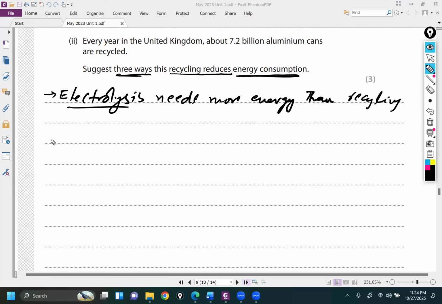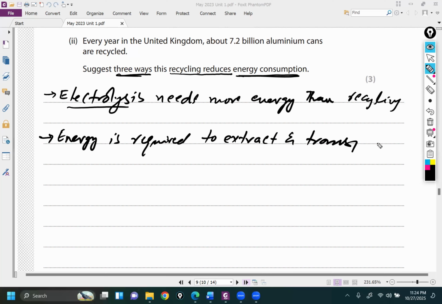The second point, energy is required to extract, like by heating and other stuff, and transport the raw material, which is bauxite.